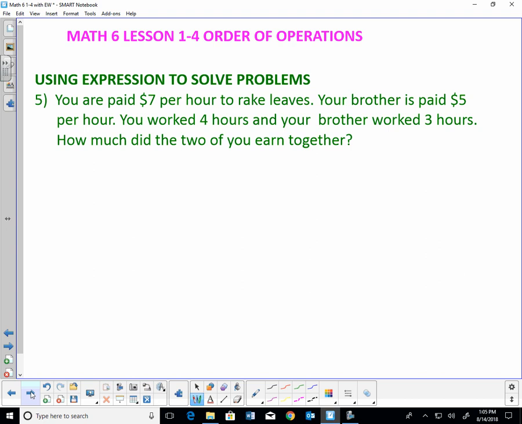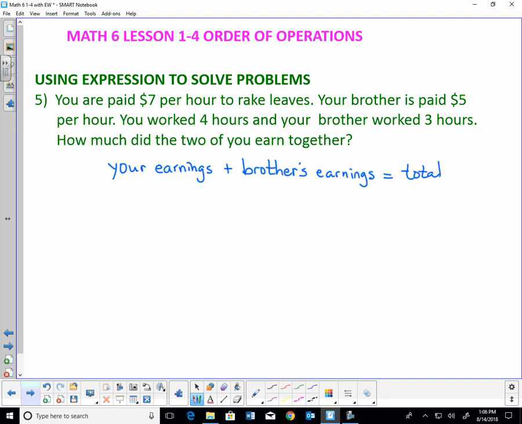So, thinking of this logically, your earnings plus brother's earnings will equal your total. And that's what it's asking you to find. How much did you earn altogether?